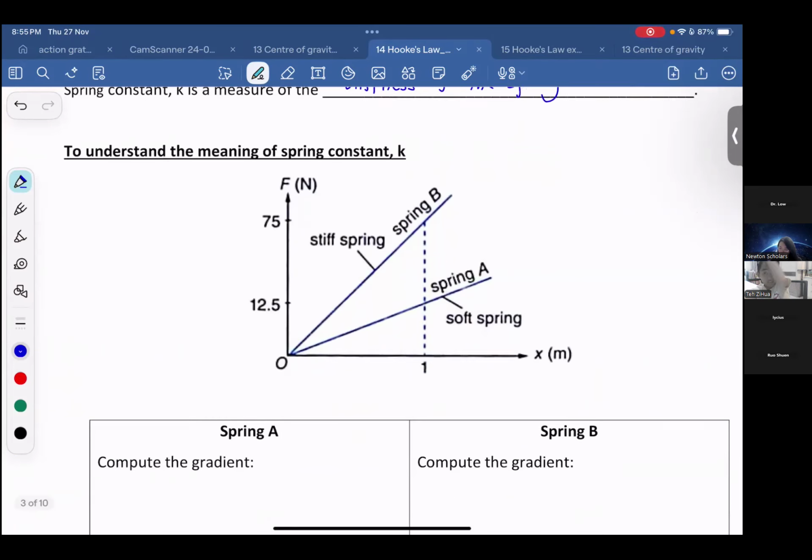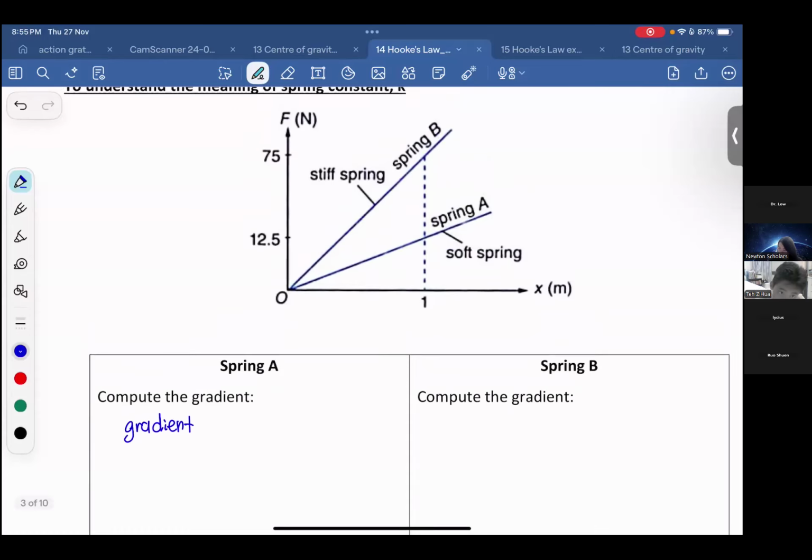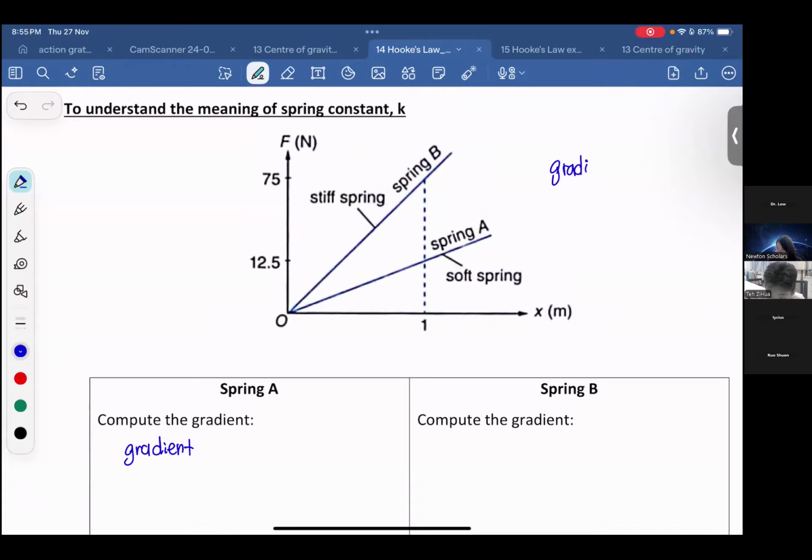To understand the meaning of spring constant, we look at this diagram. I want to calculate the gradient. In your mathematics, do you know how to calculate gradient? Gradient is y2 minus y1 divided by x2 minus x1. Here, we know this point, 1 meter, 12.5, so you use this point as one of the points. Then another point here, you use 0, 0.